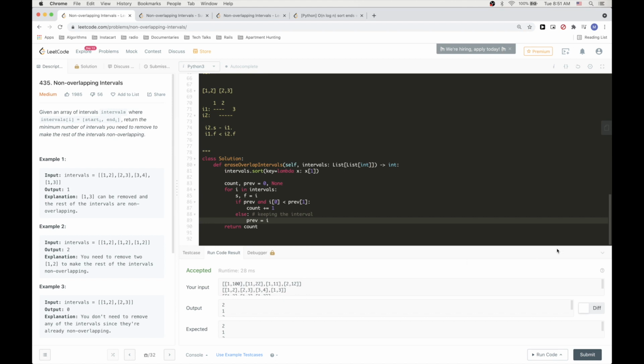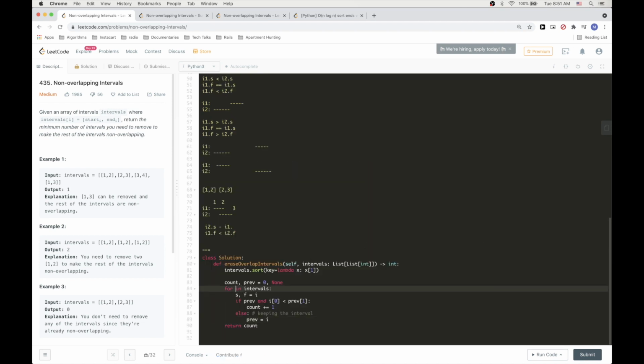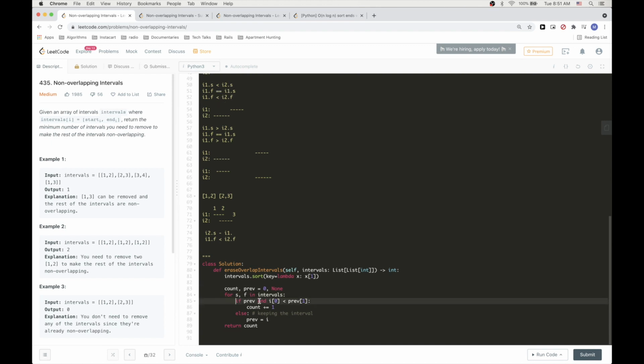Okay, so let's clean it up a little bit more. So let's just make this SF, and then this is S, and let's call this previous finish time. So that will give us F here, and we could just use that.